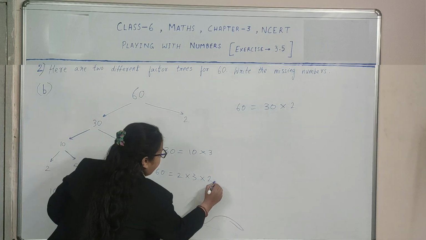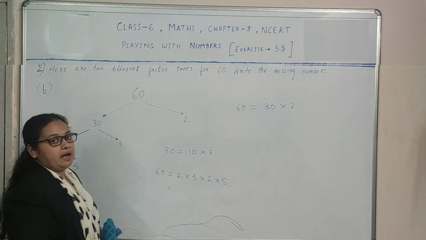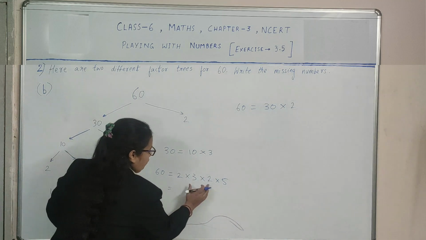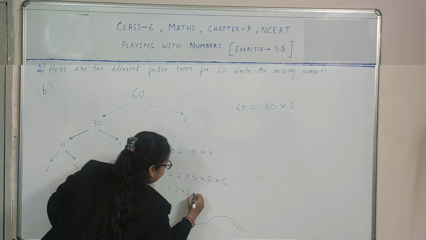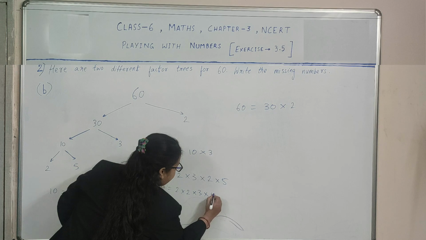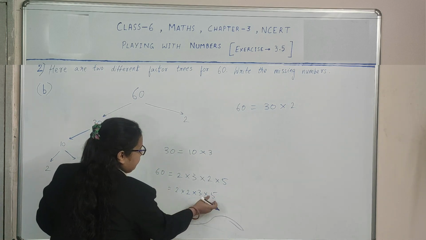So 2 multiplied by 5. We will arrange this in ascending order. So 2 comes 2 times. Here 2 multiplied by 2, then 3 and then multiplied by 5. Okay, so 2 multiplied by 2 multiplied by 3 multiplied by 5.